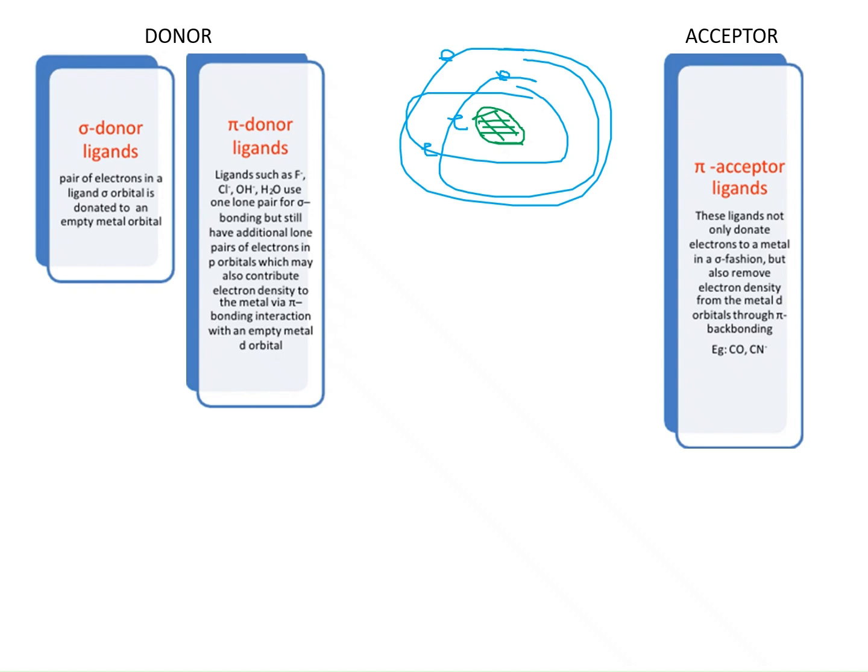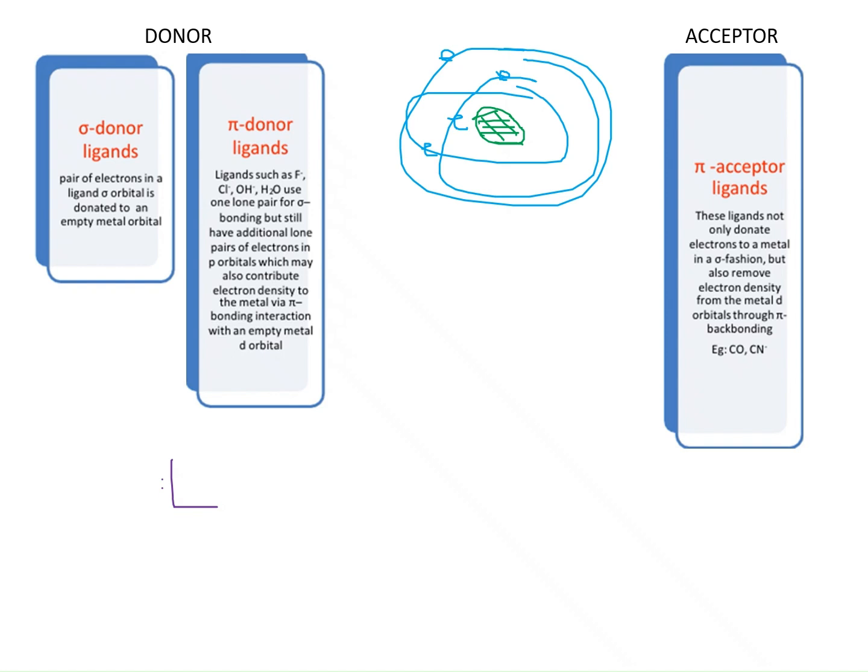So when there's a ligand, let me draw some example. For example, this is a ligand, L. Generally, L will represent a ligand. When the ligand has a lone pair or one electron, a lone pair means two electrons, but there are also ligands that contribute just one electron.